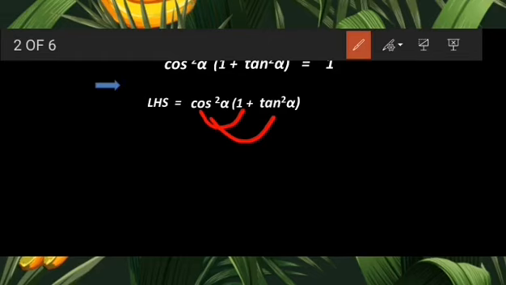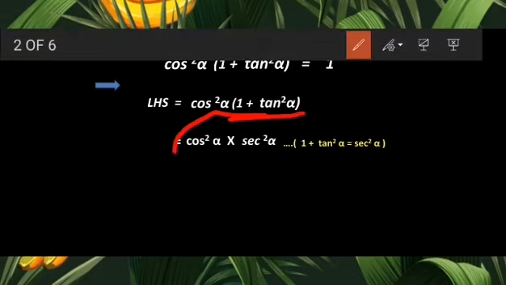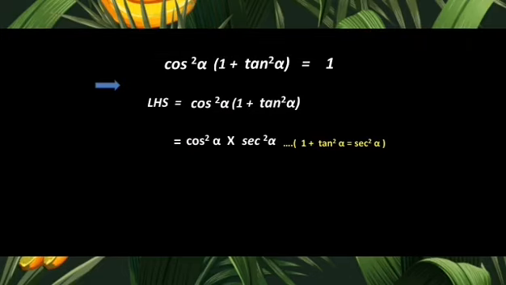In the second method, if you observe more closely and are able to visualize the term, you will come to know we have one identity here. So first of all, we replace that identity. What is the answer? Sec square alpha. And now we have cos square alpha into sec square alpha. I need to observe your RHS a little bit. We have 1 in the RHS.